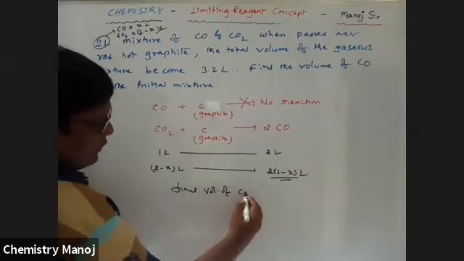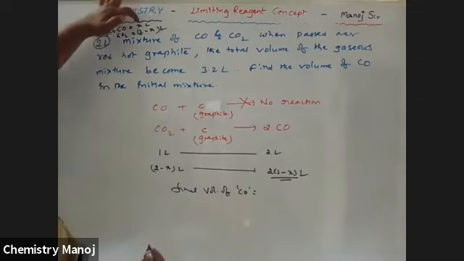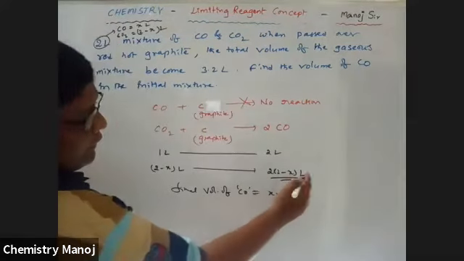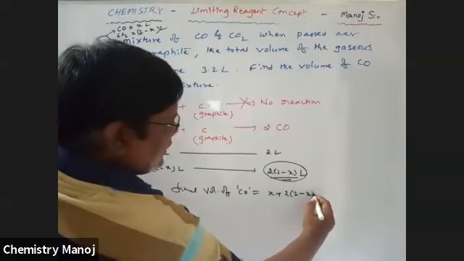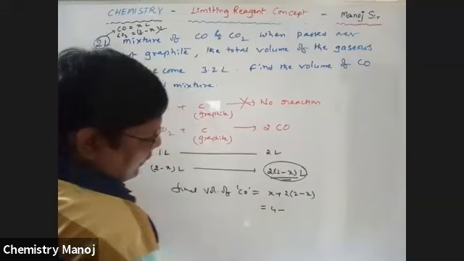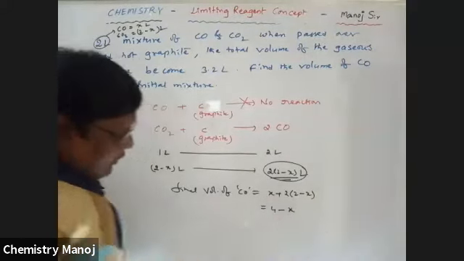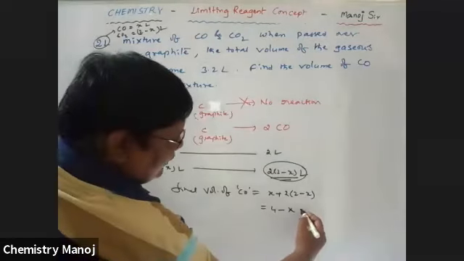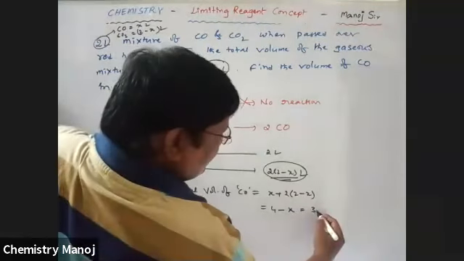Therefore, the final volume of carbon monoxide is equal to X initially taken plus what is formed in this reaction, 2 into 2 minus X. That is equal to 4 minus X, which is given as 3.2 liters in the final case.